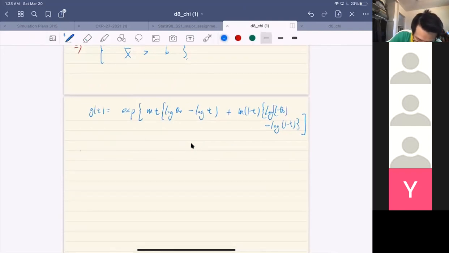So the first order derivative will be g(t) times the derivative inside.